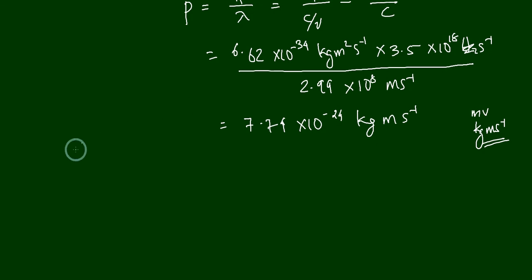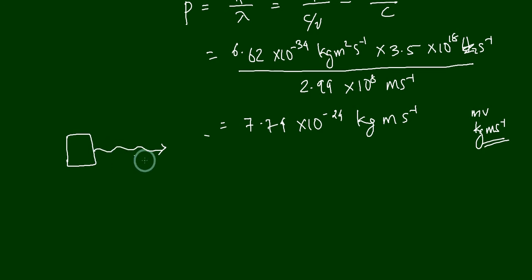The same is happening here also. We have a source here, source of the gamma ray, and from here the gamma ray photons will be emitted, and this photon is being emitted with a momentum of 7.74 into 10 raised to minus 24 kilogram meter per second. Since it is going with a momentum, then the source should recoil. That is what we have to expect.